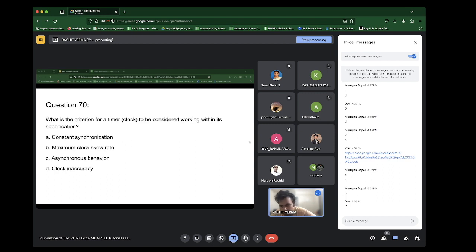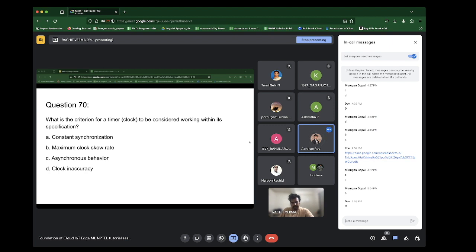What is the criterion for a timer to be considered working within its specification? Is it A, constant synchronization, B, maximum clock skew rate, C, asynchronous behavior, or D, clock inaccuracy? Max clock skew rate, it's not about drift, it's the distance.